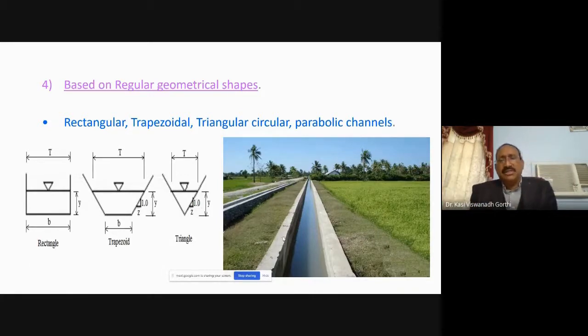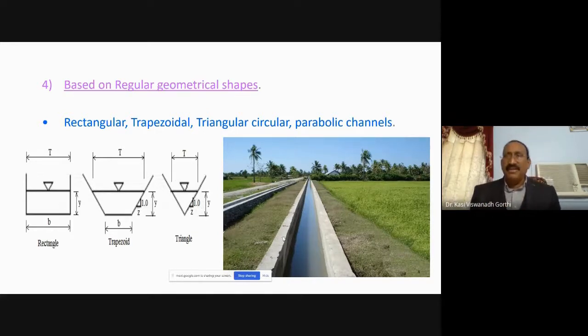Why do we require several shapes of channels? To see that these channel sections are more and more efficient. Sometimes, at a particular location for a specific purpose, rectangular channel may be giving best hydraulic efficiency. So it is a hydraulically efficient channel. But some other location, egg-shaped channel may be giving good.